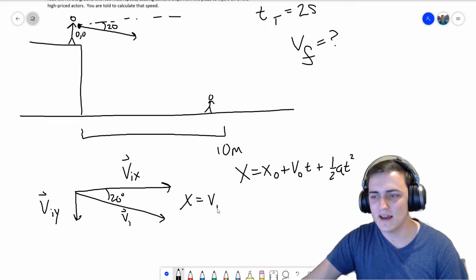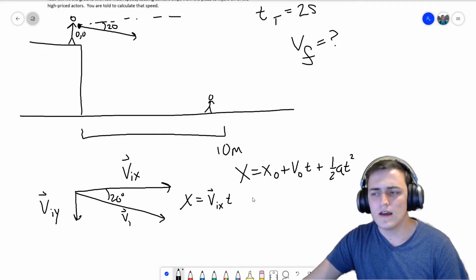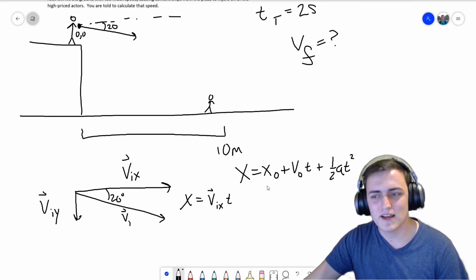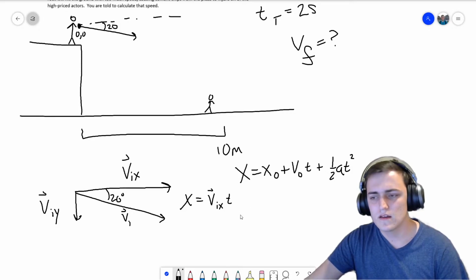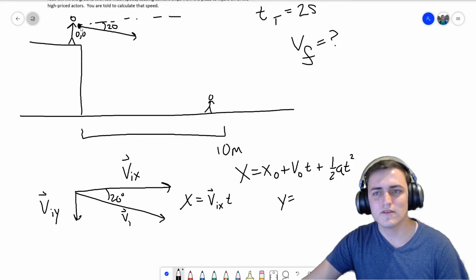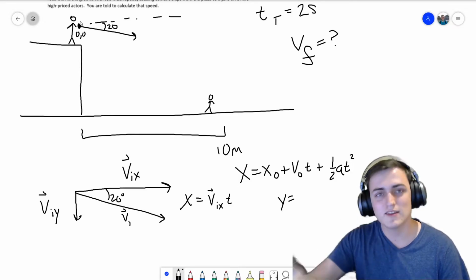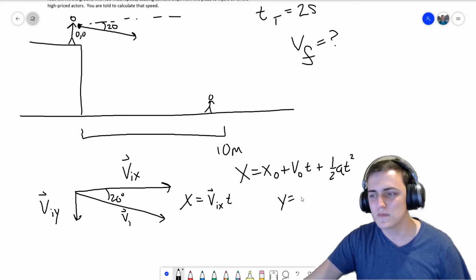We have Vix in this direction times time, and there's no acceleration on the x-axis, so that term goes to 0. So this is all we have for x. And in our y-axis, remember again, we have the rock starting at the origin, so there is no initial position.